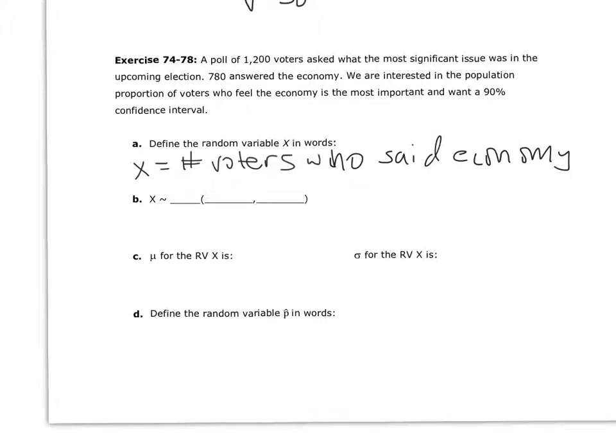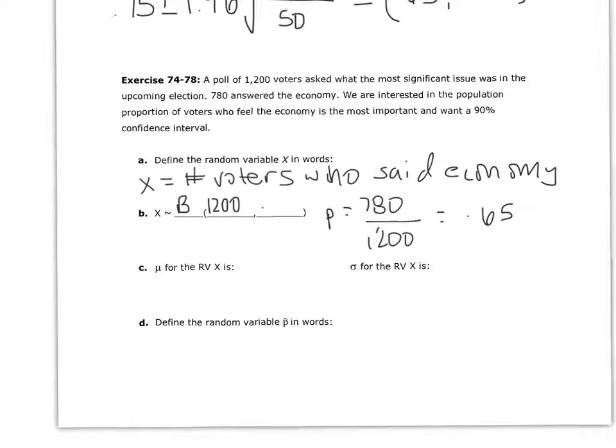And x is actually binomial, and it's got n of 1,200, the total sample size, and the p, the probability of success, or the probability of answering economy, is going to be equal to the number that said economy over the total. We can calculate that, and that's 0.65. So that's the p that defines that binomial distribution.